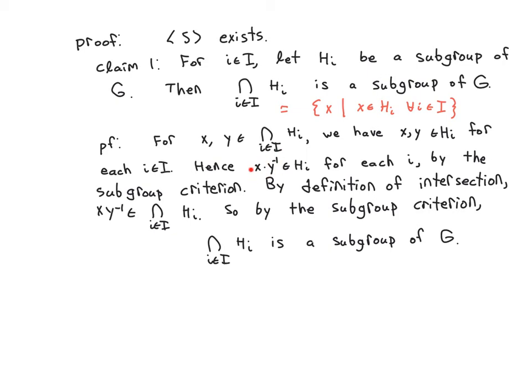Well, then since it's in H sub I for every I, then by this definition of universal quantifiers, it must be in the whole intersection. And so you're closed under multiplication and inversion, you must be a subgroup.